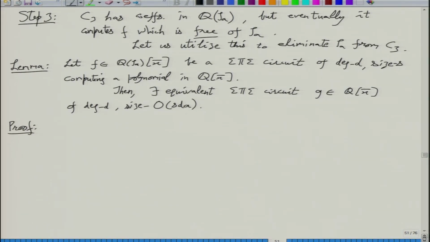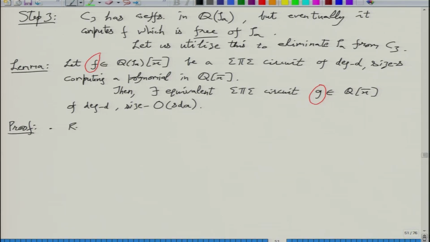Okay, so that is the conversion from F to G without much cost. So yeah, the idea is simple.